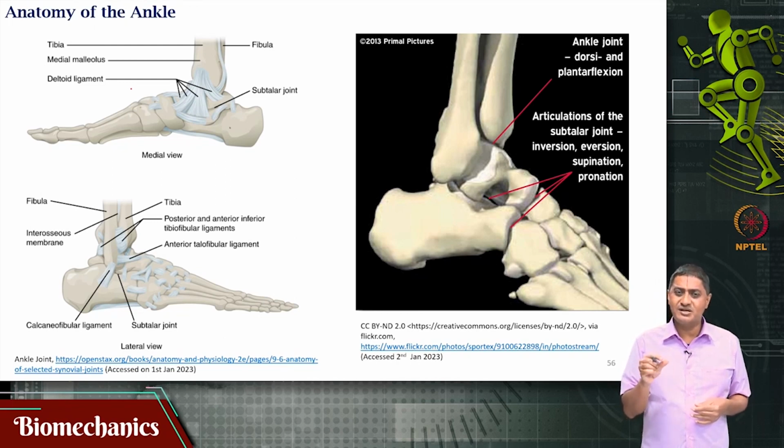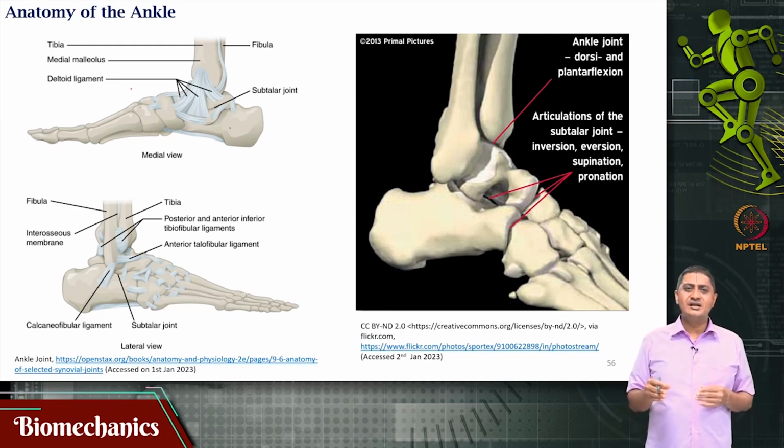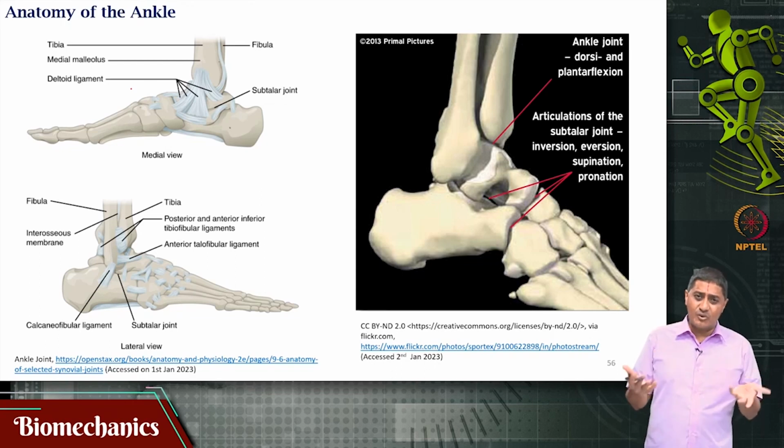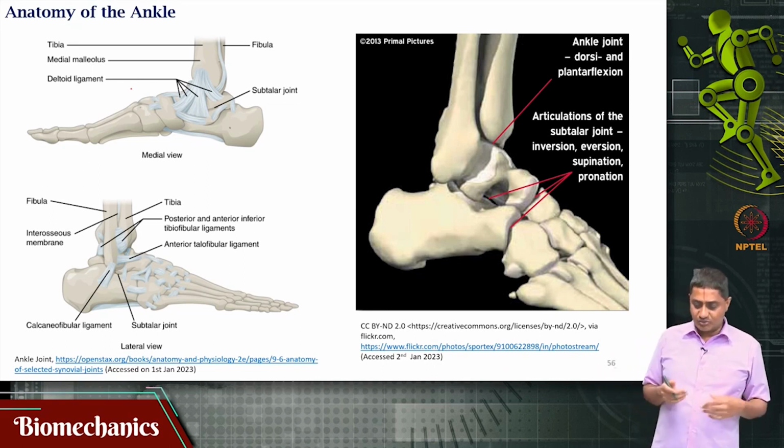All of them add up to produce a visible amount of movement. This is called eversion and inversion. We will come back to that in a bit. Okay. So, those are the movements that are possible.